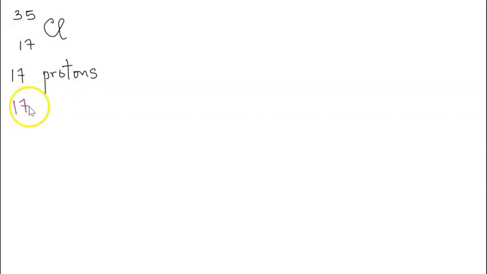If I look at, say for example, chlorine, 35. So what this is telling me is that I have 17 protons, 17 electrons, since the atomic number also tells me the number of electrons.